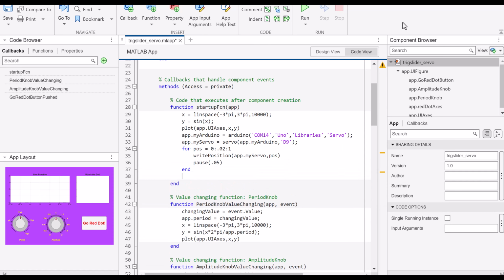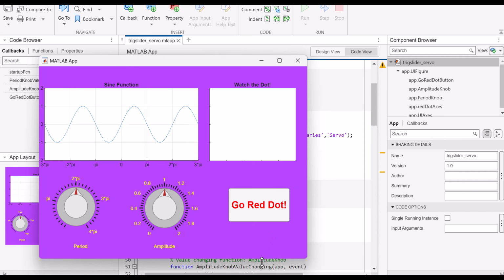Okay, so I'm just going to see if I can get this to talk, and if I can, then I'll be happy. Okay, my app is now talking to my servo, my cat is helping it along, and I think I am ready to take the final step.